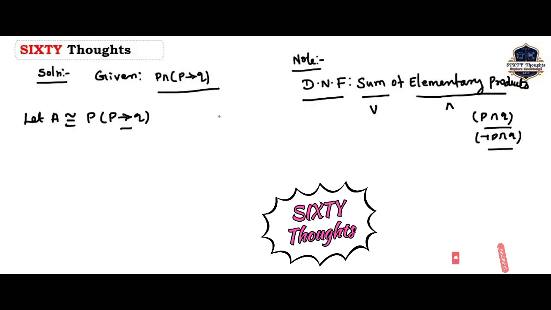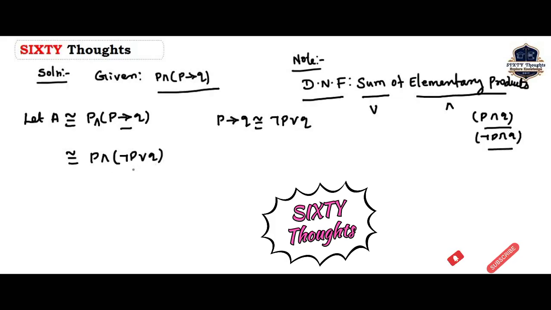I am going to use the equivalent law: P then Q is equal to negation P or Q. So we get P and (negation P or Q).